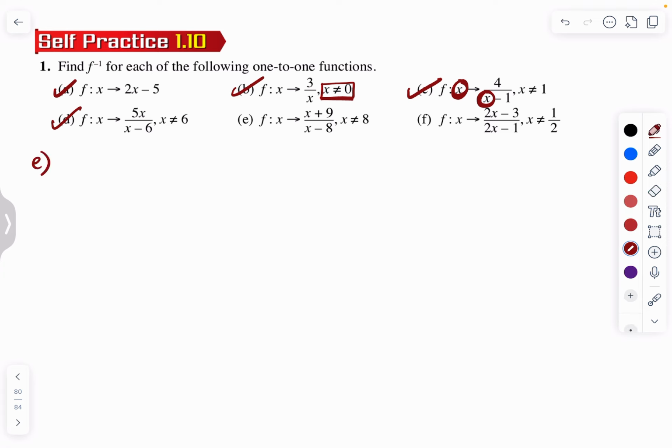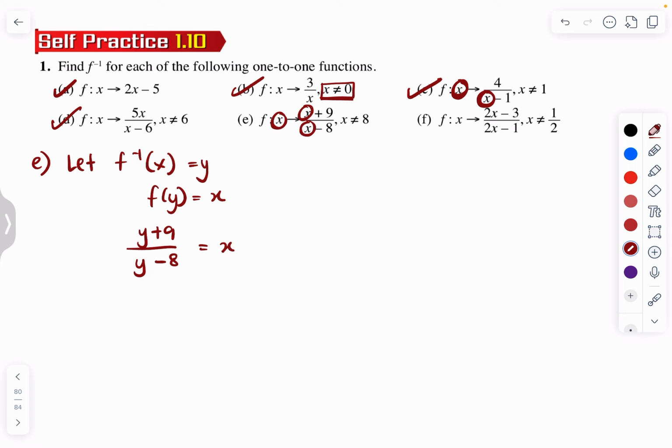Okay. So the steps are still the same. Let f inverse x equal y, f of y equals x. So if f of x is (x plus 9) over (x minus 8), f of y would be (y plus 9) over (y minus 8). Then same thing, this one we bring there, become times.